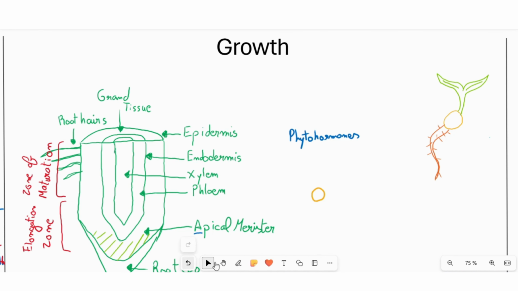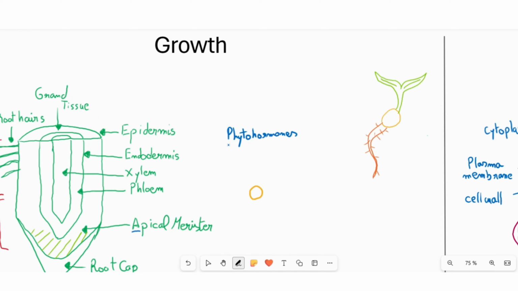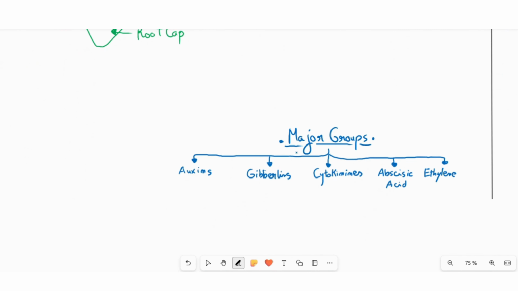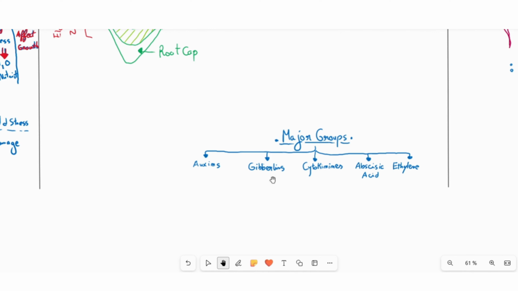We're going to look at how these groups of phytohormones come into play with PGPRs. So phytohormones, there's a number of groups. There's auxins, gibberellins, cytokinins, abscisic acid, ethylene, and there's so many more, but we're going to settle for these for now because these are the ones that we're going to talk about most.